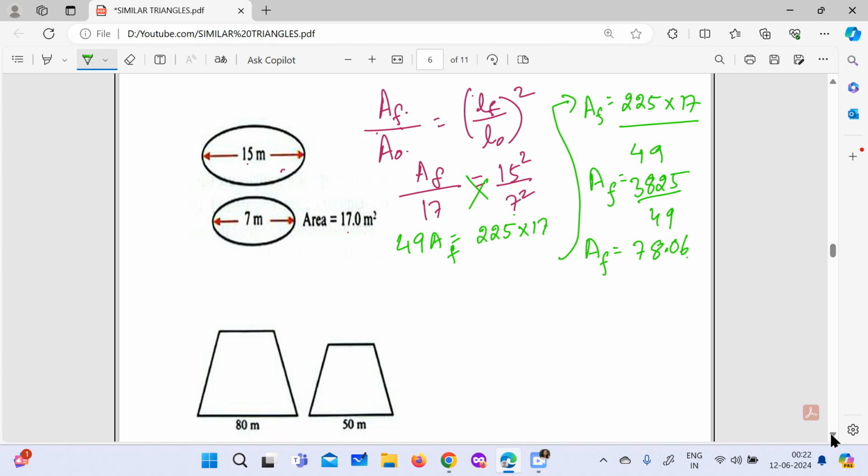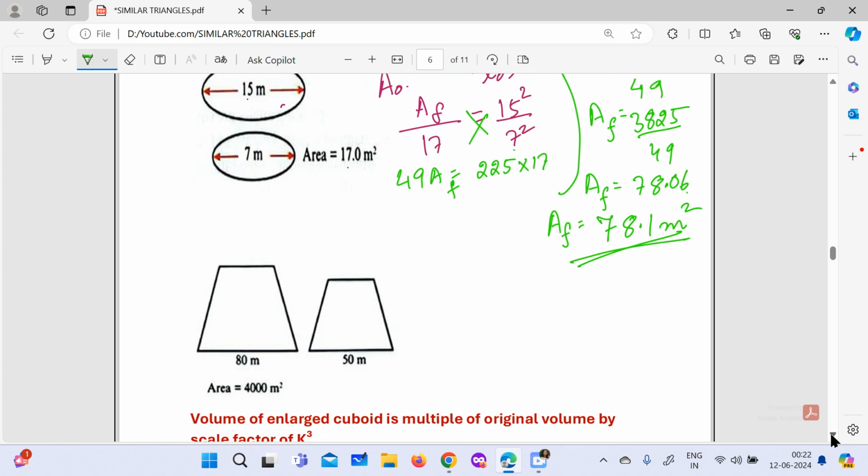Because this is 6 here, we can round it, 78.1 meter square. Easy? Yeah, this one is very easy.